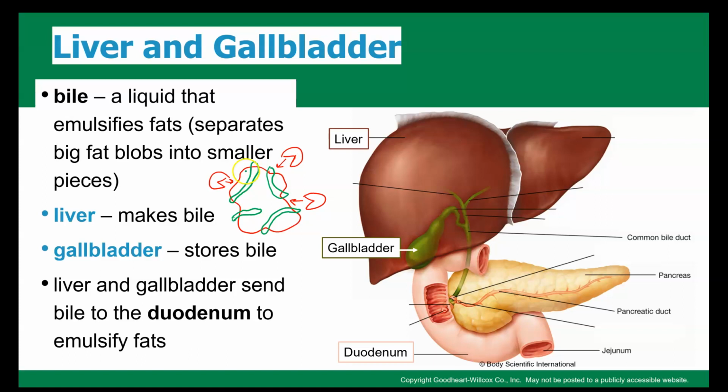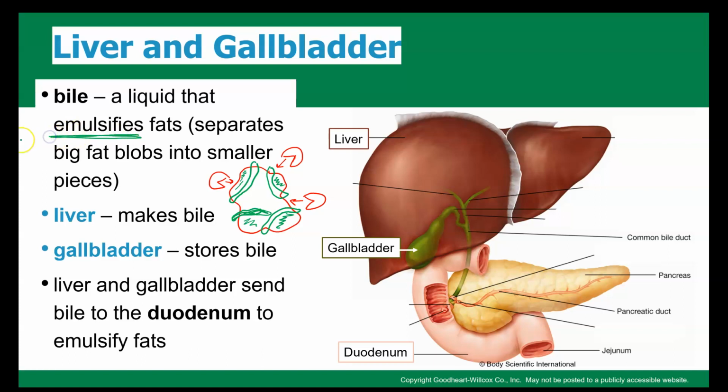So like this little section would then move away, and this little section would move away, and this little section would move away. You get the idea? And then that way it'll be easier for those enzymes to work on those pieces of the fat blob, because it's going to have more access points now around that little blob rather than the big blob. So that's what emulsifying is.